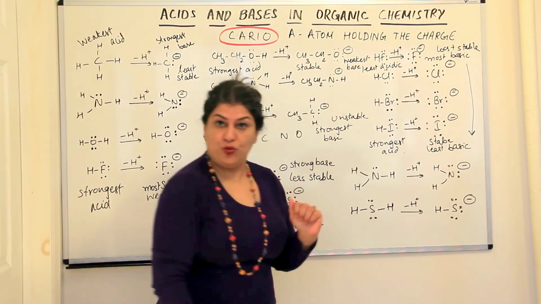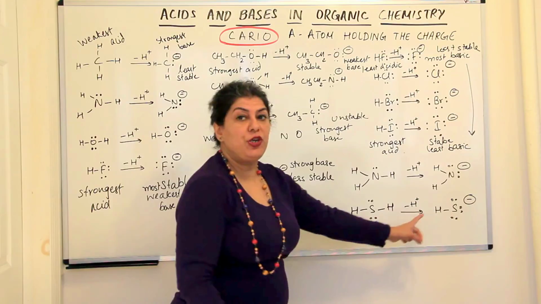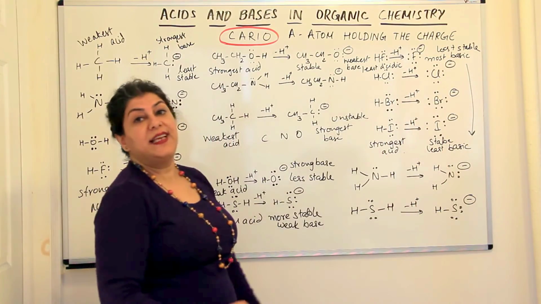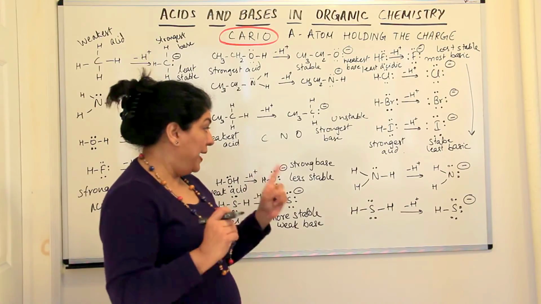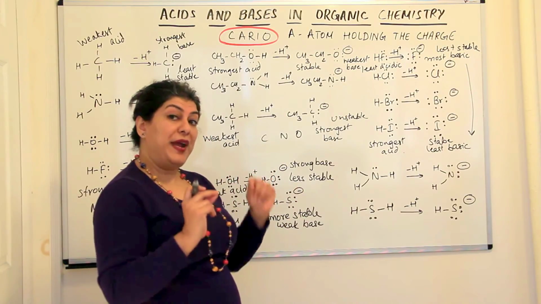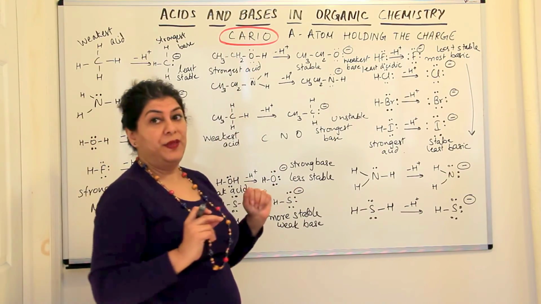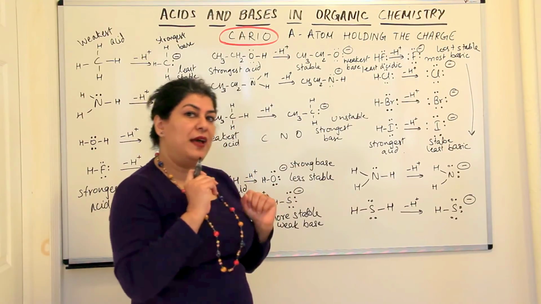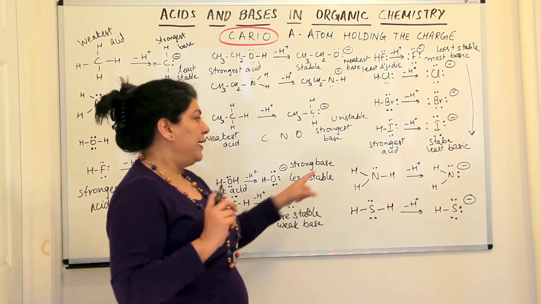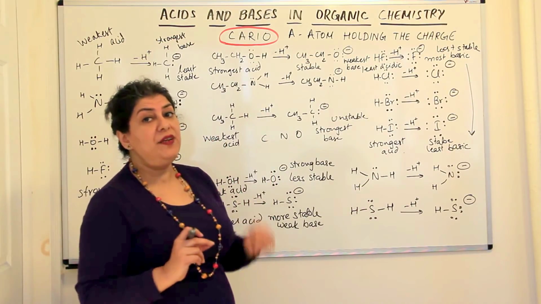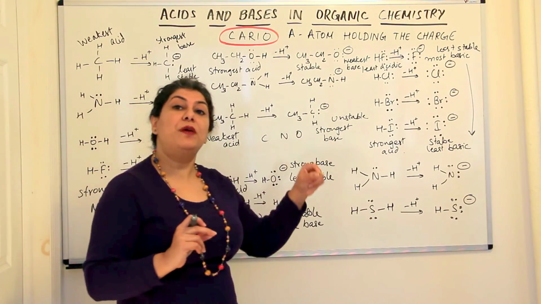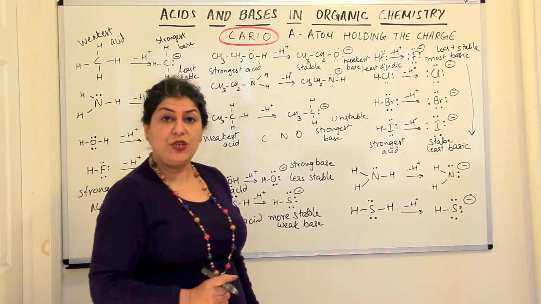And we have H2S, where on deprotonation, it forms SH negative. Both have a single negative charge. But if you now want to compare the second step, that is atom, and we go along a period and we go along the group, neither do the two elements here belong to the same period, nor do they belong to the same group. So now what do we do?